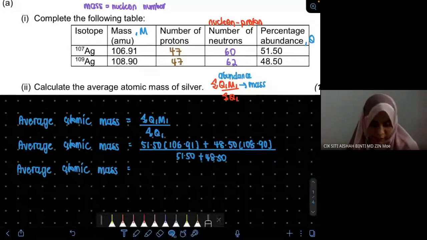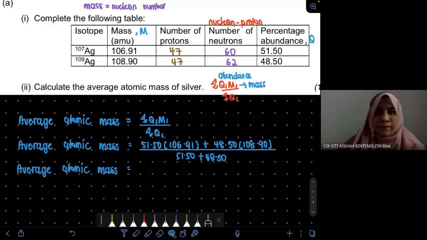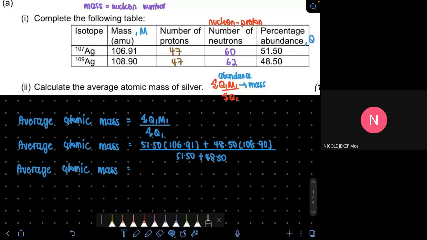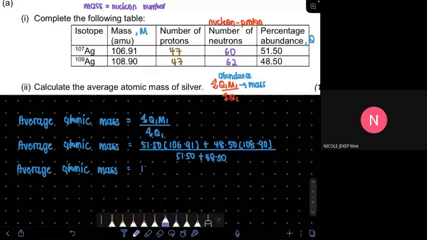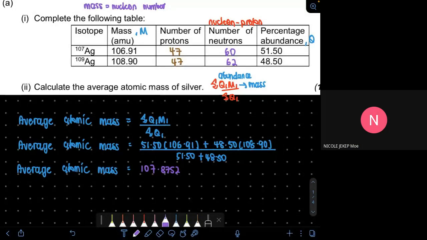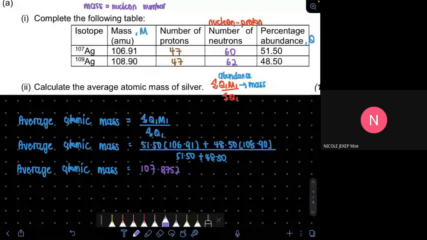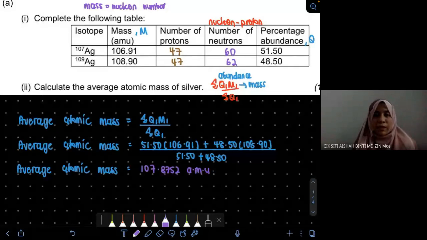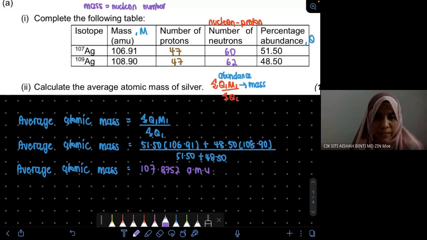Nicole, H27, what is your answer? 107.8752. Okay, is there a unit or not? Yes, what is the unit? AMU. So average atomic mass has a unit.